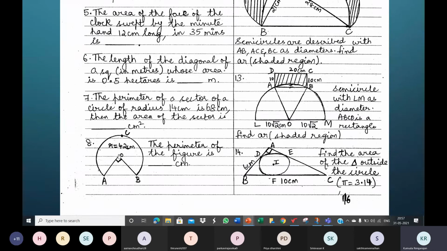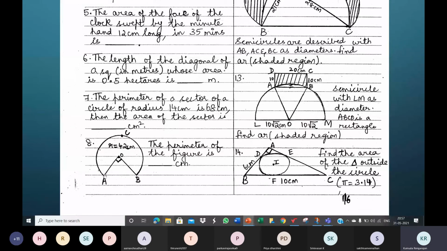The figure is this one. How do you go on the outline of the figure? OA, then the length of the arc ACB plus BO. The length of the boundary of a closed figure. So if you find only the length of this arc, it's not perimeter, because arc alone is not the boundary of the figure.